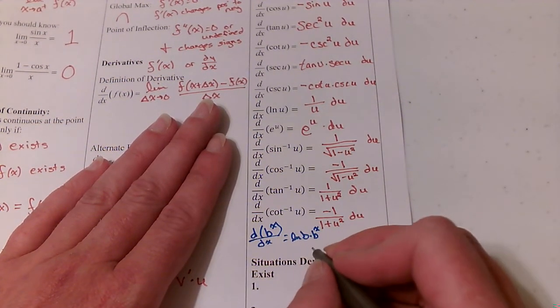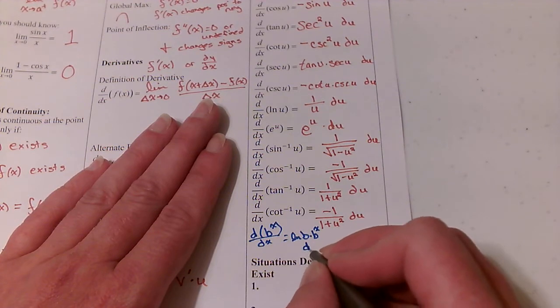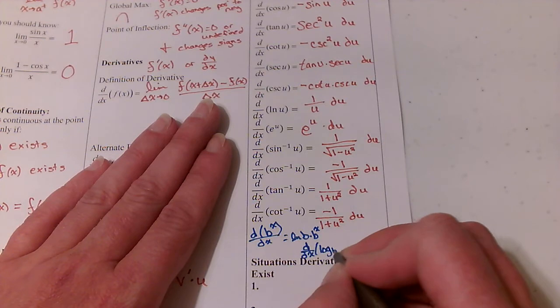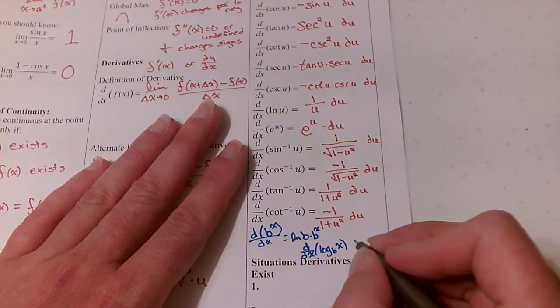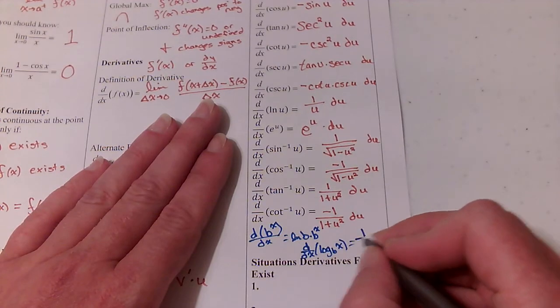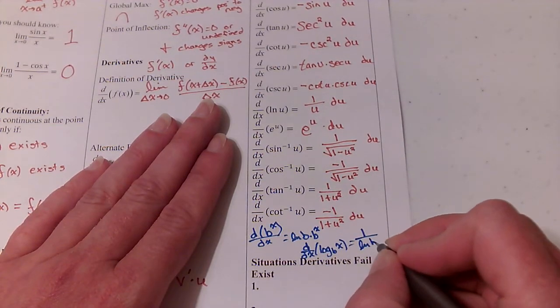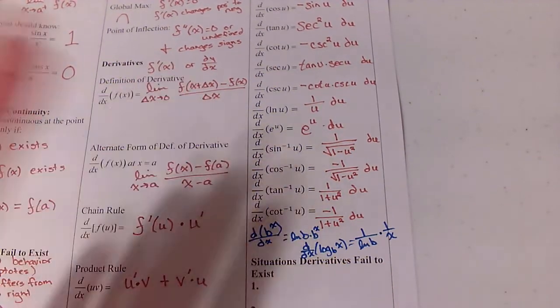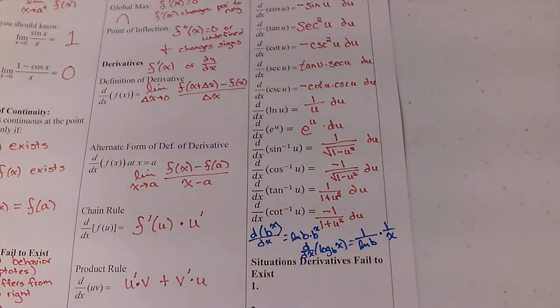What if we have log with another base? Well, it's supposed to be 1 over x, right? So 1 over natural log of the base times 1 over x. Now all these can be created if you remember your change of base formula.